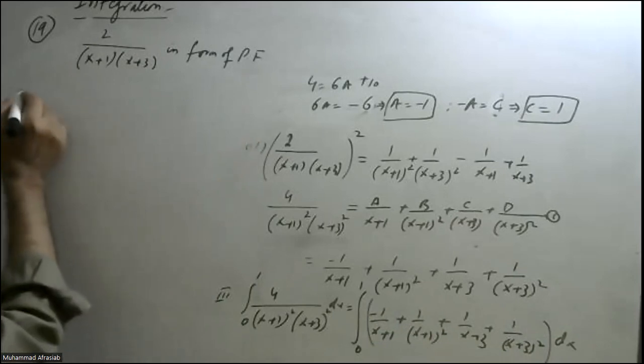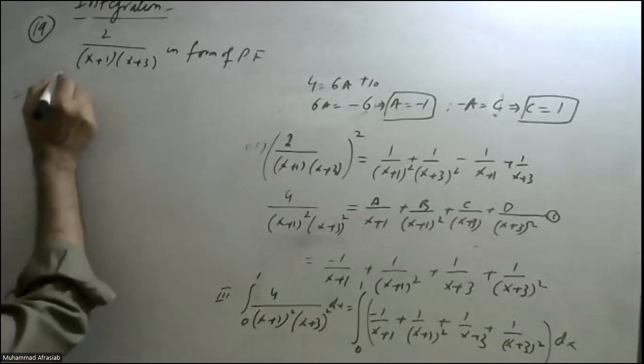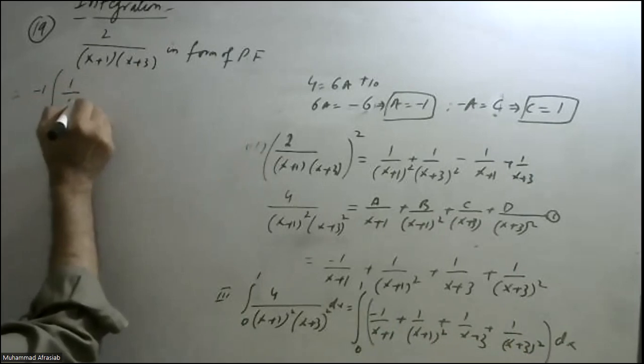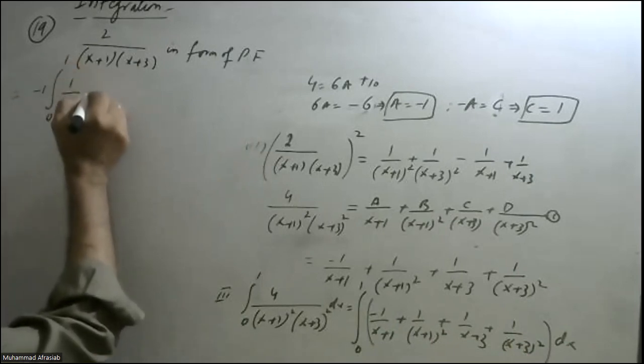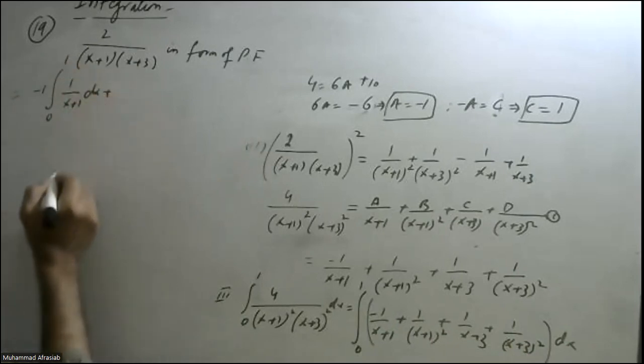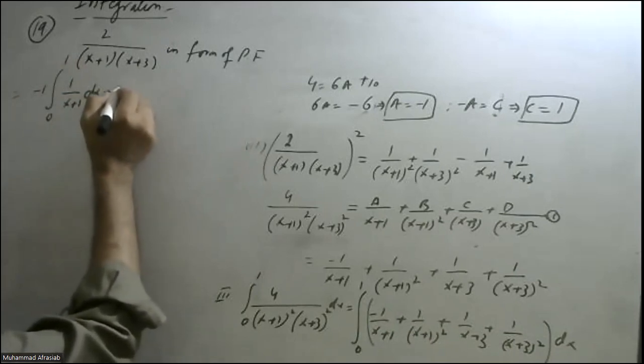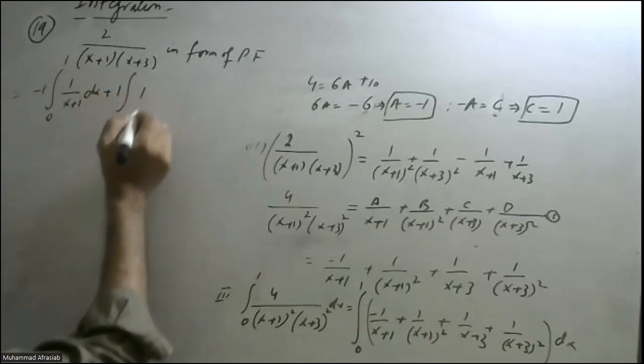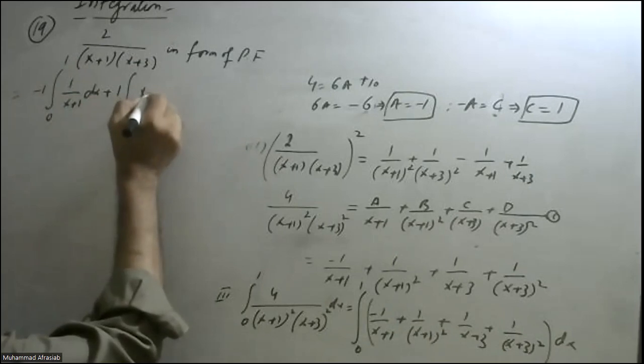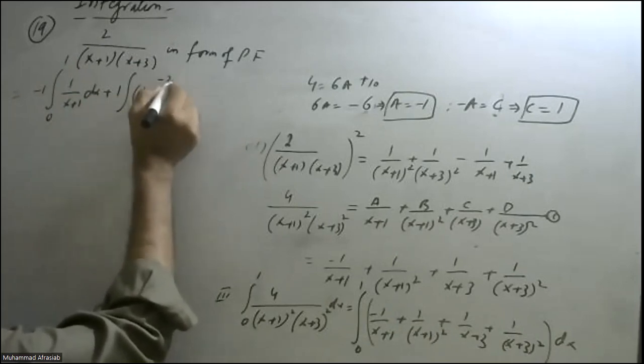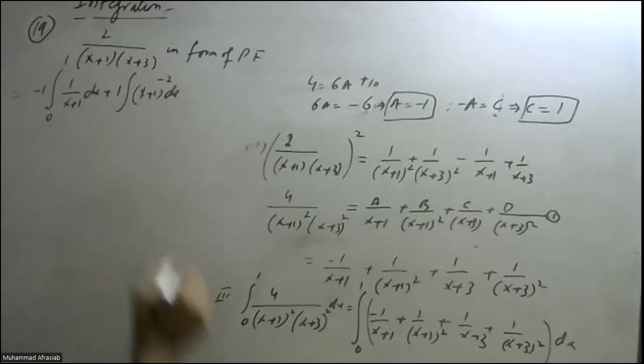So this will become minus 1 over x plus 1 from 0 to 1 d of x plus 1 into x plus 1 power minus 2 d of x.